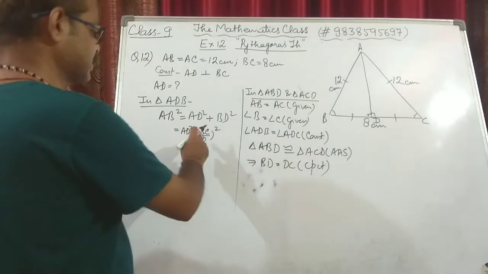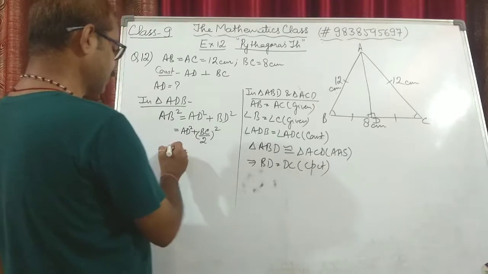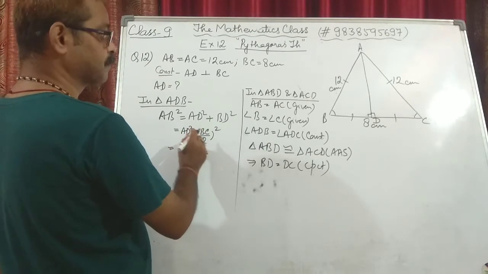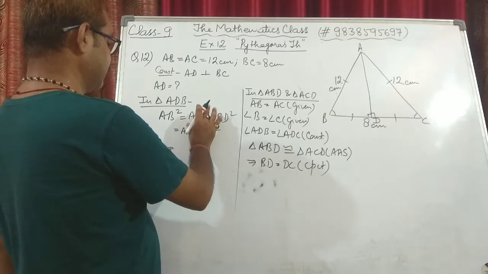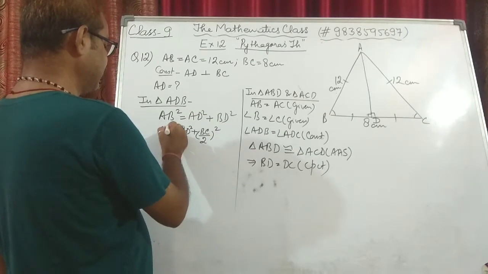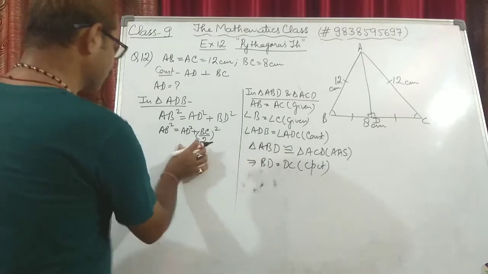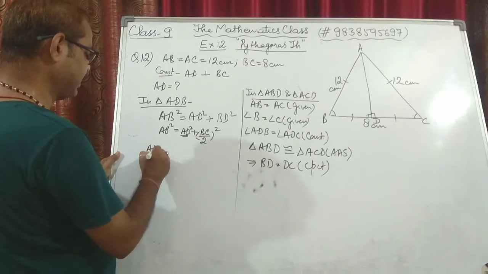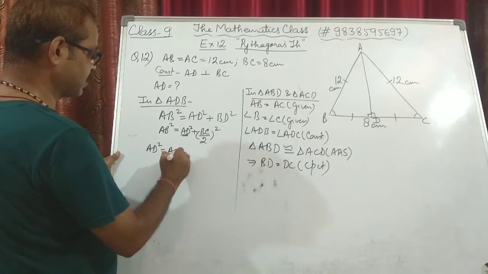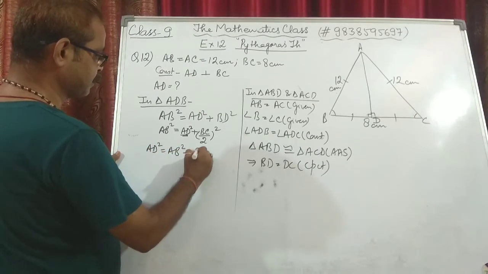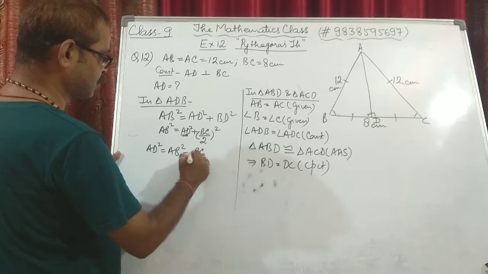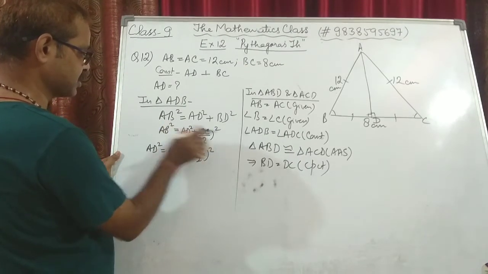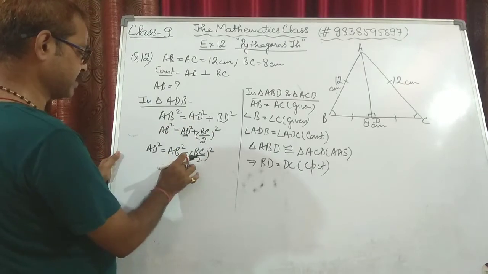Now we'll substitute the values. We need to find AD, so AD square is equal to AB square minus BC upon 2 whole square. This comes to the other side, so it becomes negative.